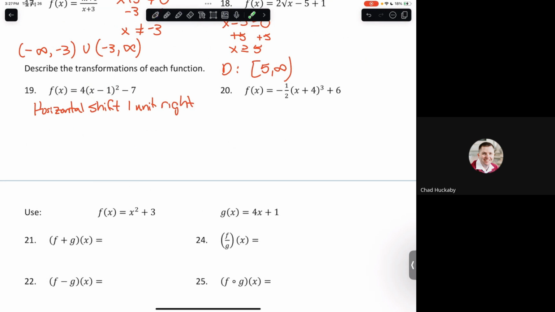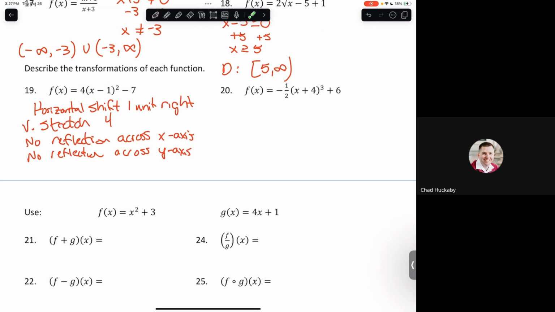Okay? And then this coefficient outside the function says that we have a vertical stretch of 4. Because there's no negative there, there's no reflection across the x-axis. And because there's not one inside, there's no reflection across the y-axis.